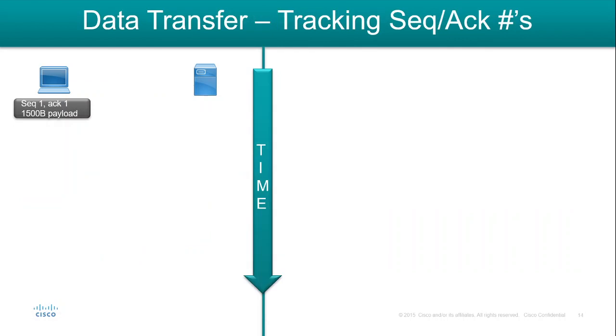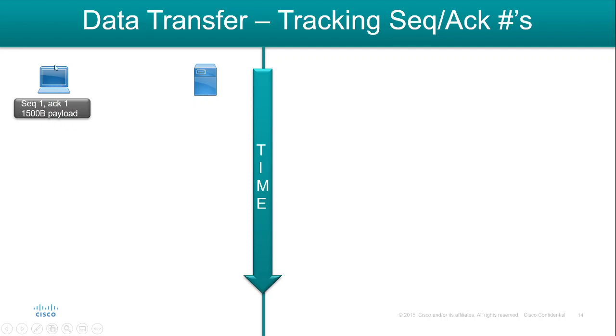Now let's take a little bit of time to better understand how this sequence and acknowledgement number system is going to operate once the three-way handshake is complete. And I like to call this out because this could be a very confusing topic for engineers, and it's very easy to make mistakes if you don't know what exactly it is you're looking for.